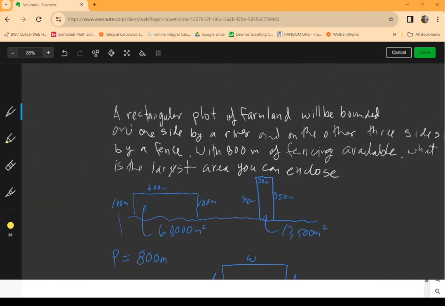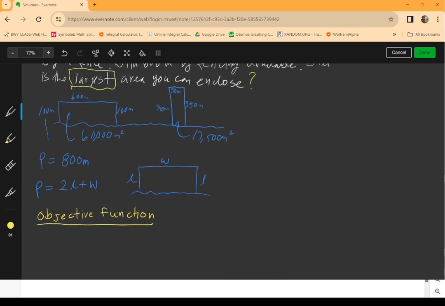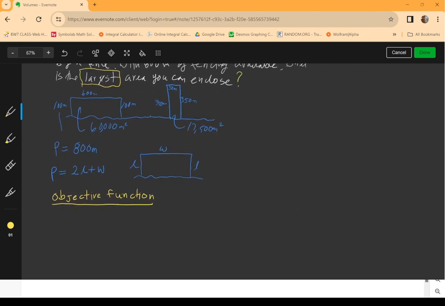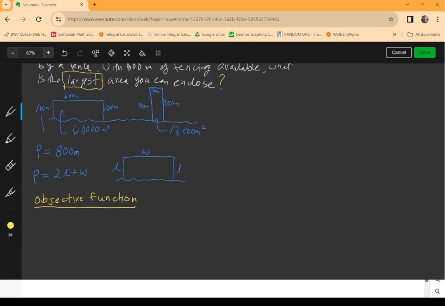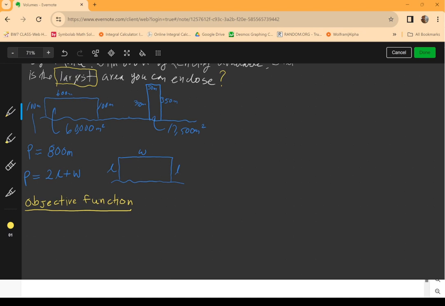What is the largest area you can enclose? These are optimization words. Whenever you see largest, the most, minimum, those are optimization type words. So my objective function is going to be the area.